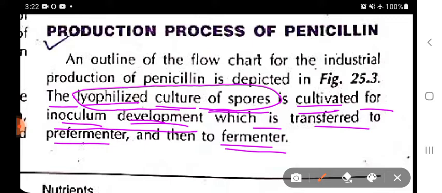Where we insert our nutrient medium for the growth of this Penicillium chrysogenum, supplemented with nutrients and oxygen. Constantly an impeller is there for agitation, for continuous mixing in the culture medium. Proper pH is maintained, right?